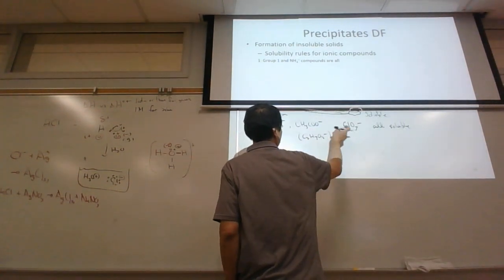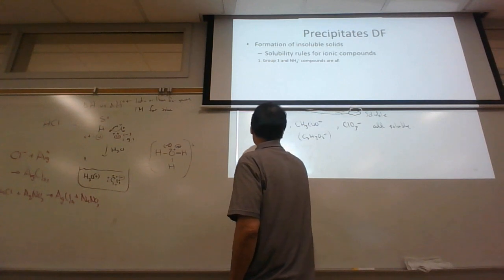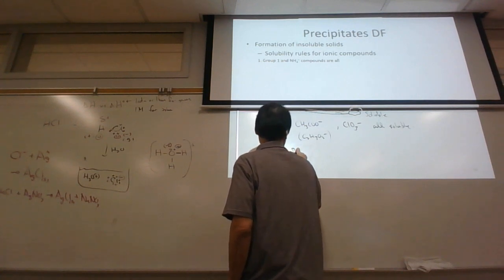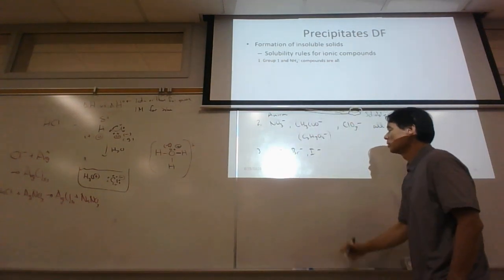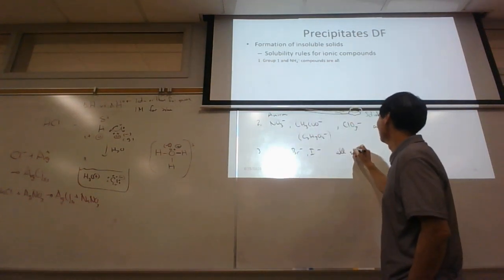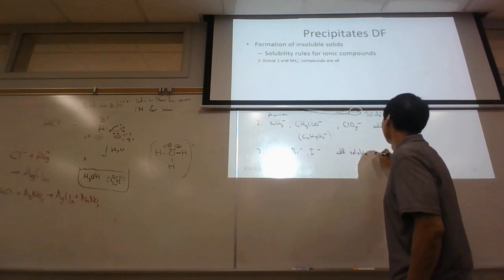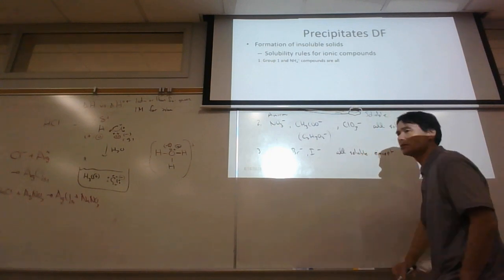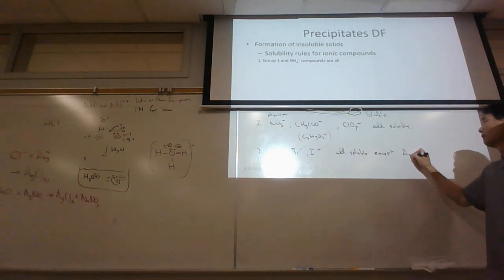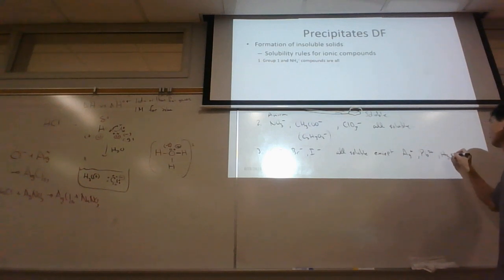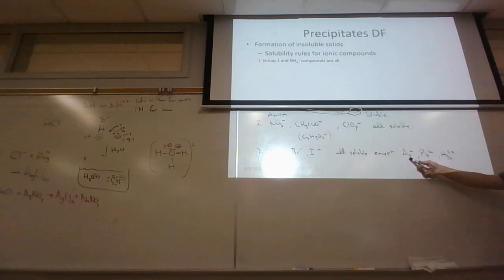Okay, after nitrates, acetates, and chlorates, we look for chlorides, bromides, and iodides. Chlorides, bromides, and iodides are all soluble, except which ones? Yeah, silver, lead, and mercury. Silver is Ag plus; silver only has one charge.